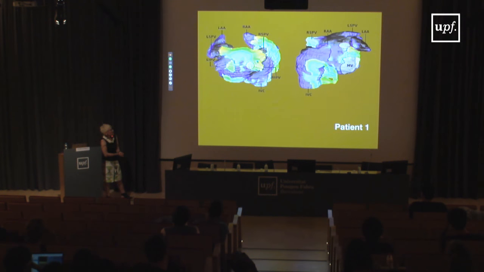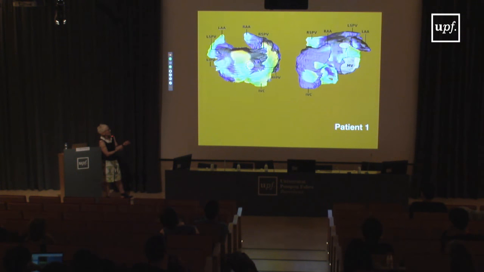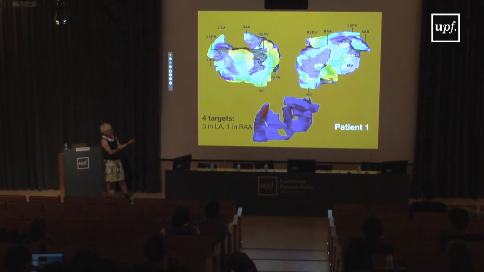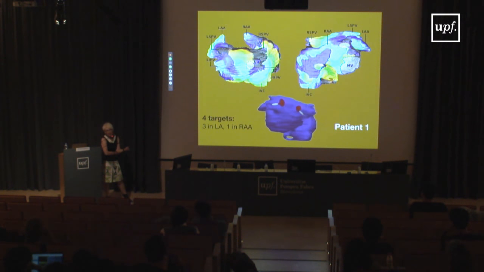So we predicted what the electrical activity is going to be there. Here is one rotor, here is another one, and that's an example. So that's what we create. We create a video that has all the targets where the clinician should go, and that's displayed on the screen, and they would just navigate the catheter to it.